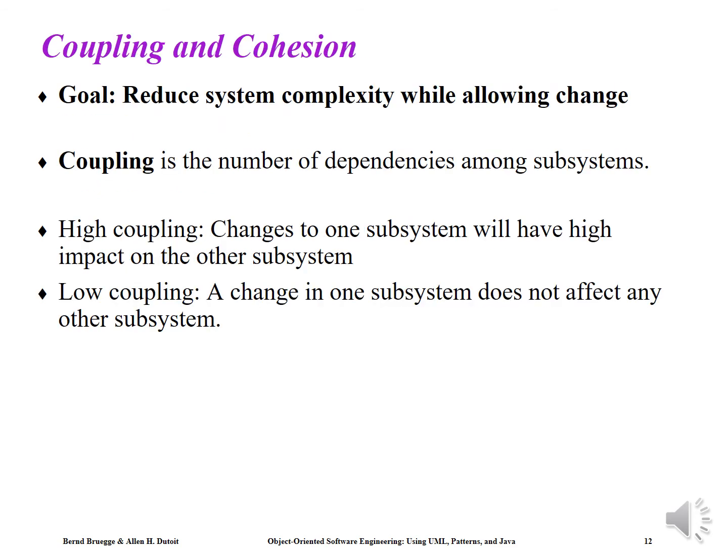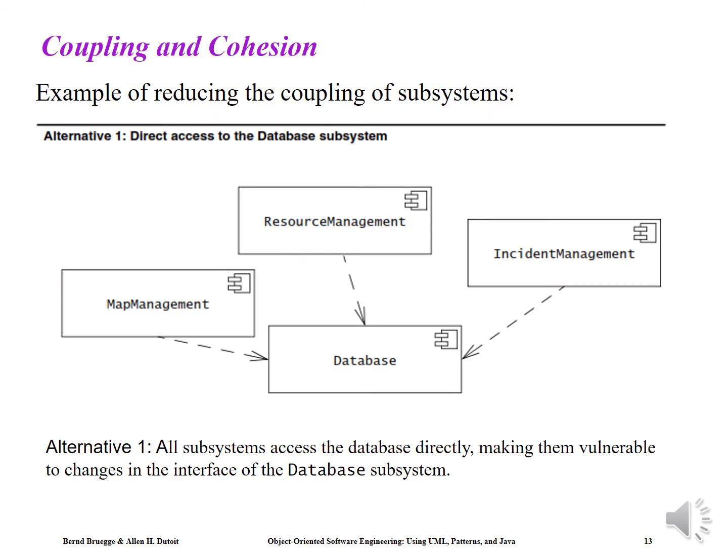The next concept is coupling. This is an example of the incident management subsystem that we are discussing. The first alternative is that all subsystems, which are the map management subsystem, resource management subsystem and incident management subsystem, access the database directly.